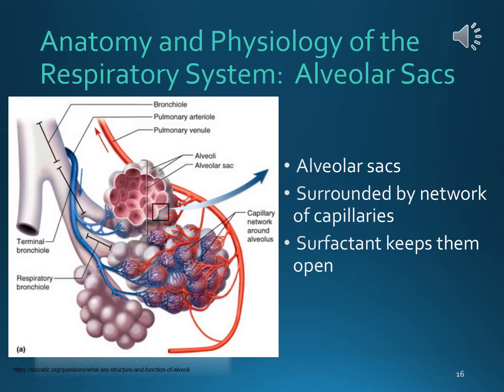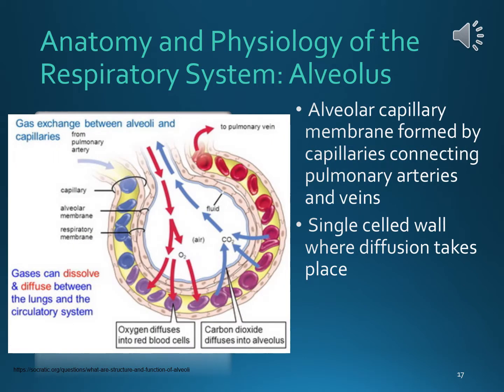These capillaries are very close together, and they have very thin walls for efficient gas exchange. This is a single alveolus. As I mentioned in the previous slide, the alveoli are very close together and they have thin walls for efficient gas exchange.